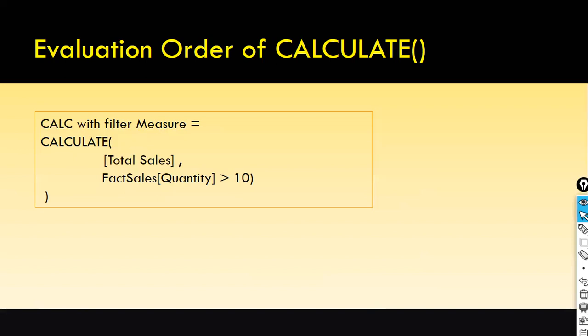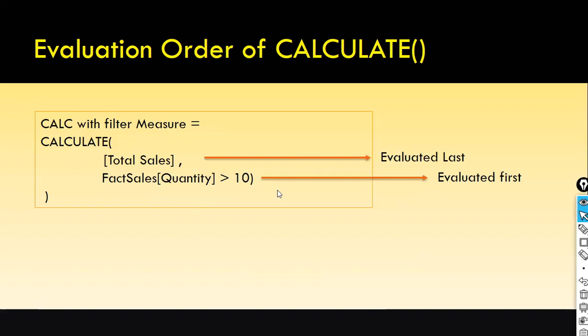Now, tell me which one will get evaluated first in this CALCULATE function. We discussed already whether row context will get applied first or filter context, right? The filter is the one that will be evaluated first, and then this one will get evaluated last. Why? This is the smart way of doing it. I have 100 million records.